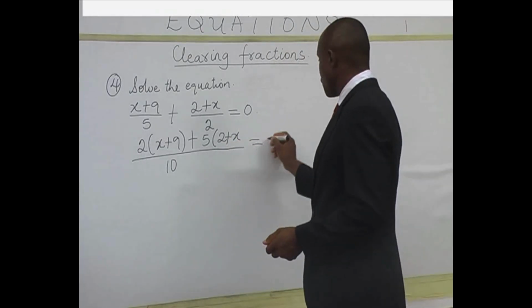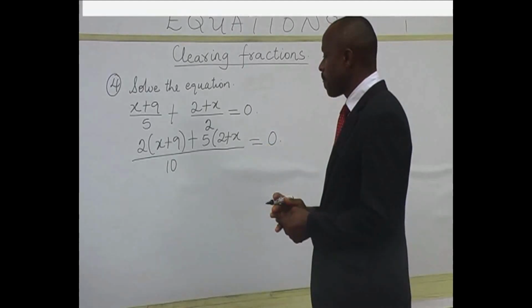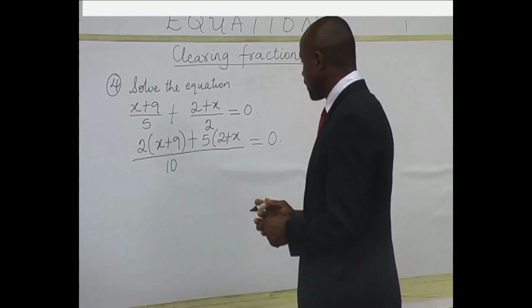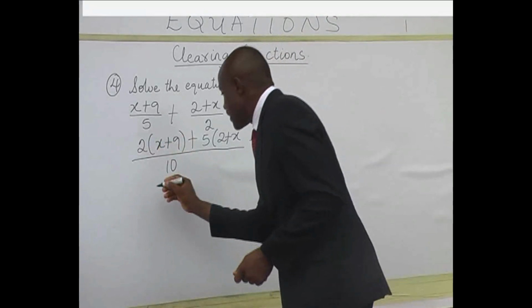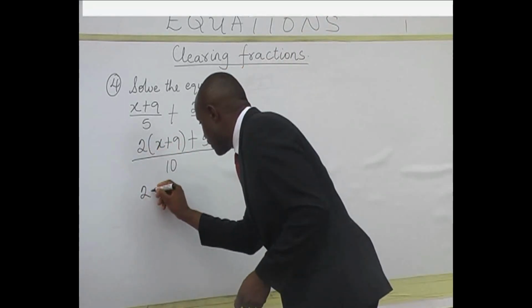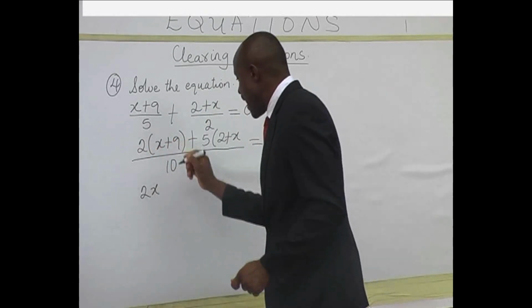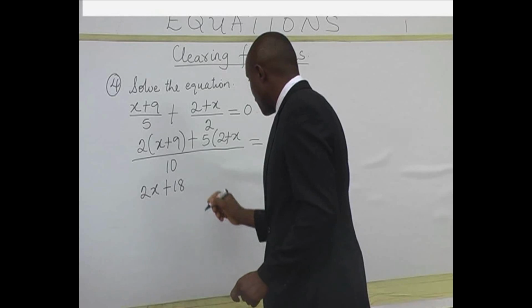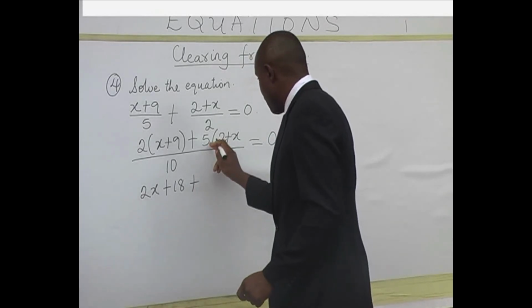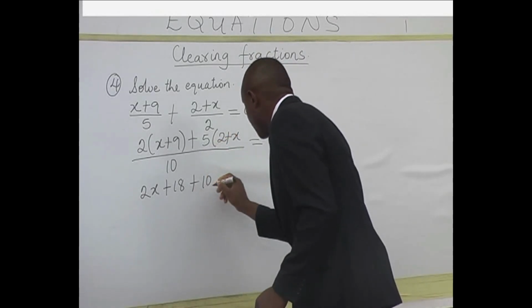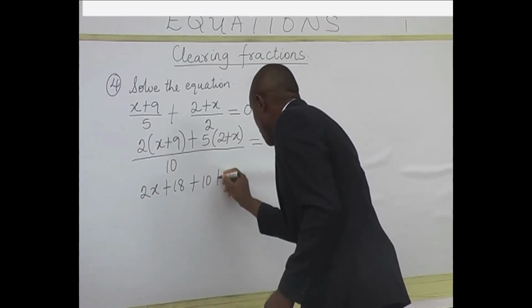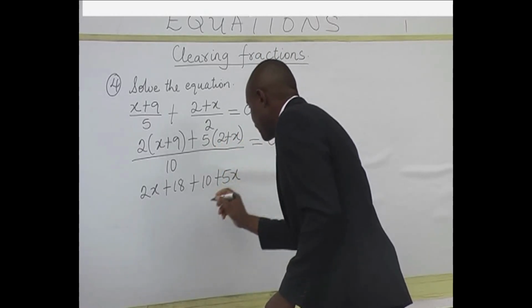Is equal to 0. Now remove the brackets, or clear the brackets. 2 times x will give you 2x. 2 times 9 will give you 18. Bring plus. 5 times 2 will give you 10. 5 times x will give you 5x.